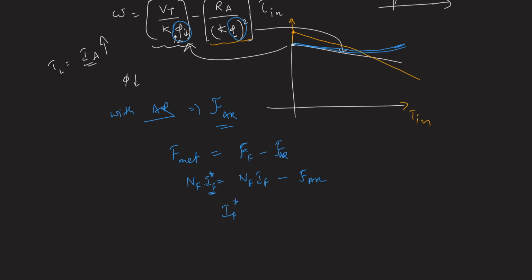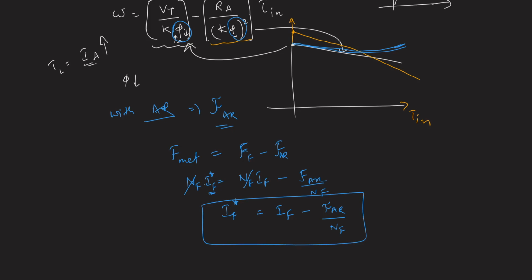So IF net is equal to, dividing this by NF, the actual field current minus the armature reaction field MMF divided by NF. This is the equivalent field current.